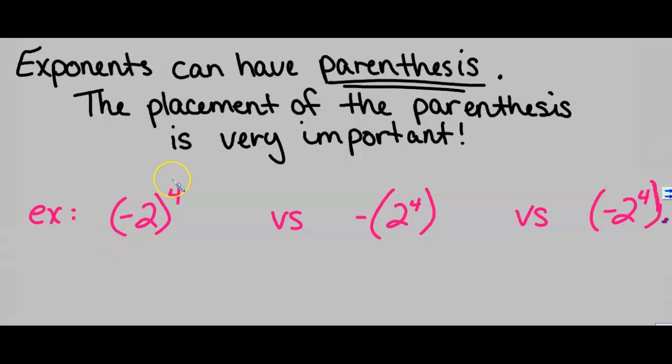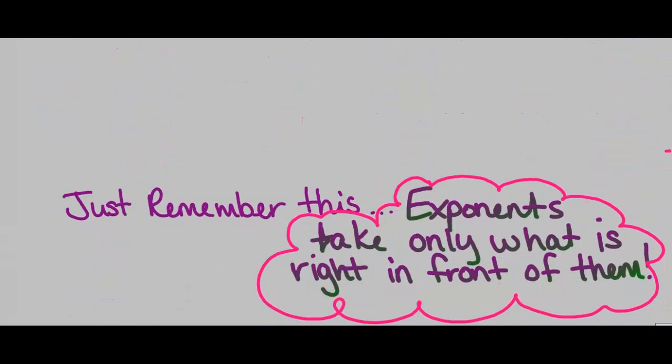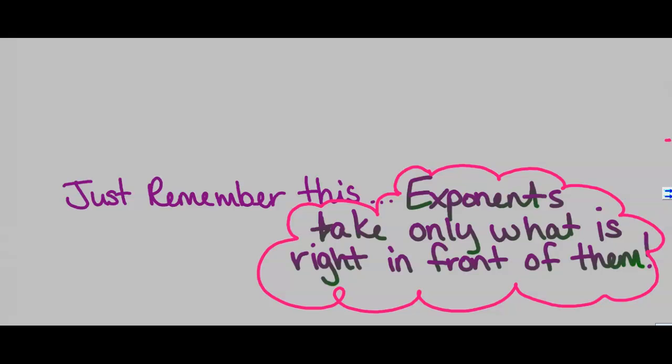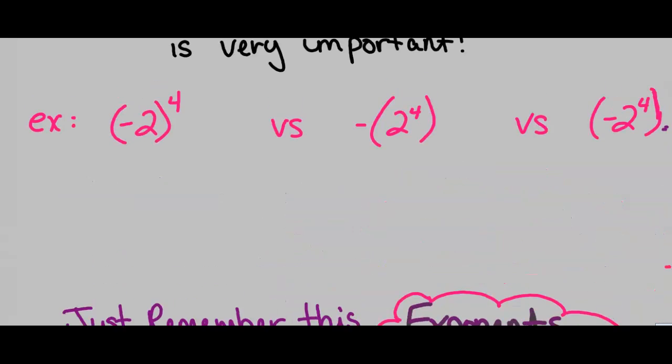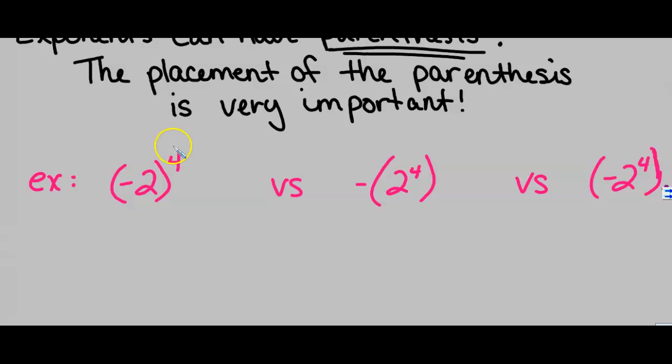Okay? I like to say this little phrase. The exponent takes only what is right in front of it, or immediately in front. So this 4 right here is taking the parentheses, and it's saying that everything in the parentheses is our base.